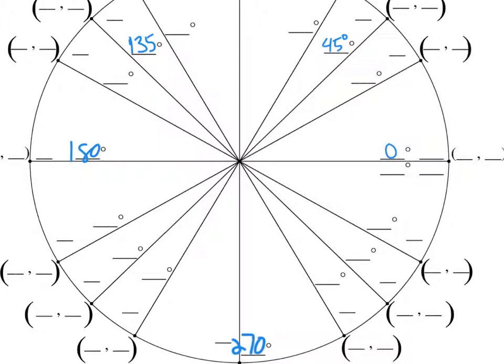You might want to use your calculator right now. What's that? 225. Add another 45, you get to 270. Add another 45, 315. And then add another 45, you get back to 360.